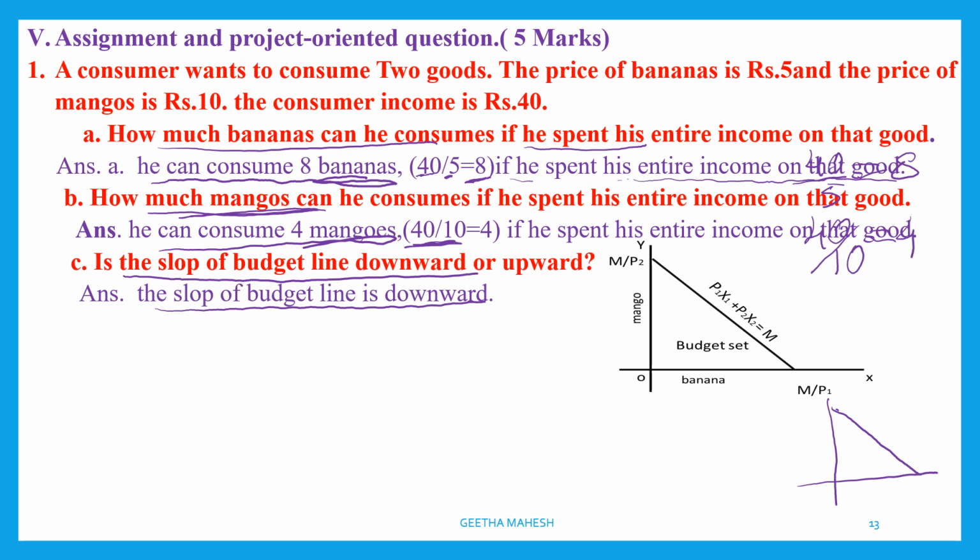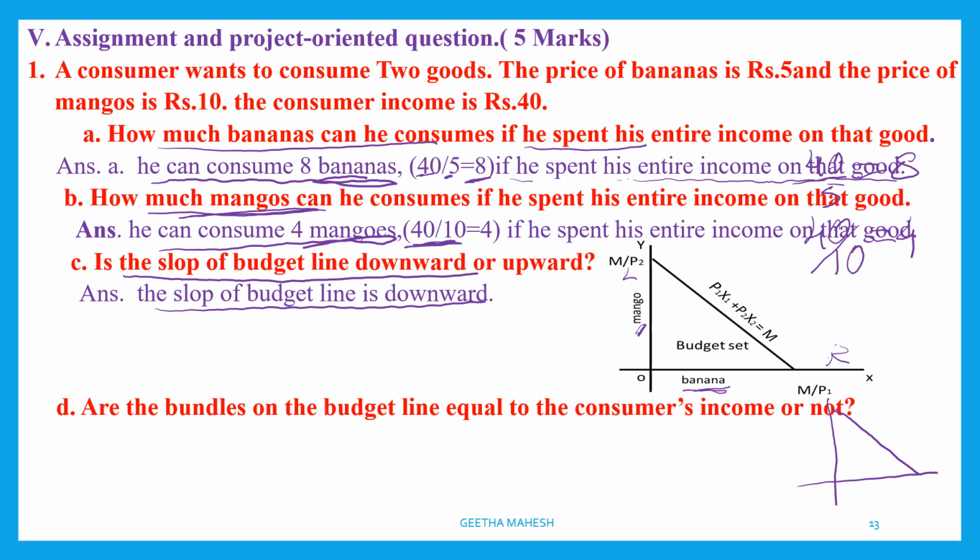Here you can see on the x-axis bananas are measured, on the y-axis mangoes are measured. You can see the budget line which is flowing from left to right downwards.